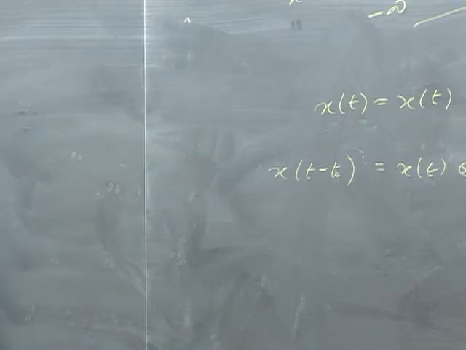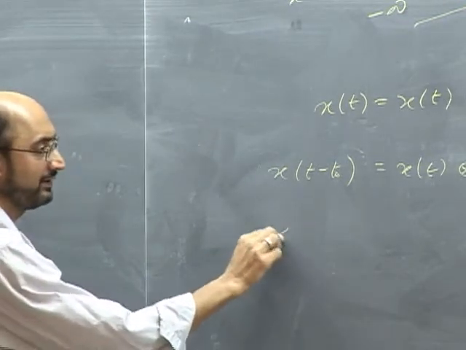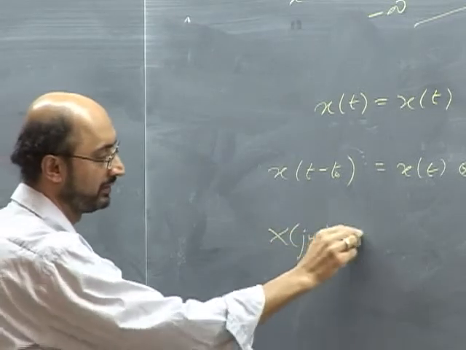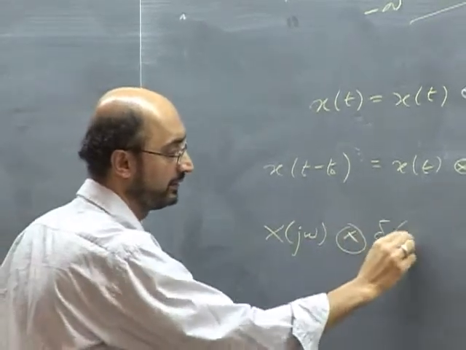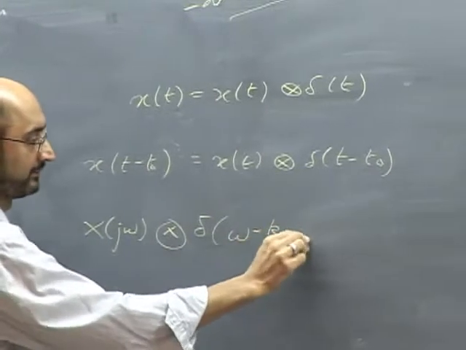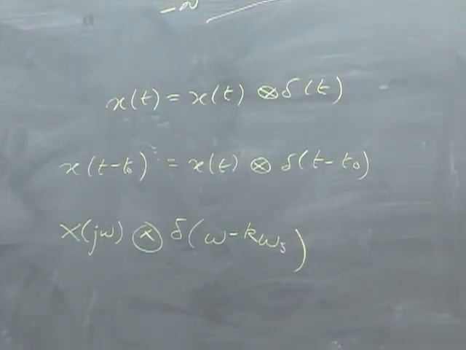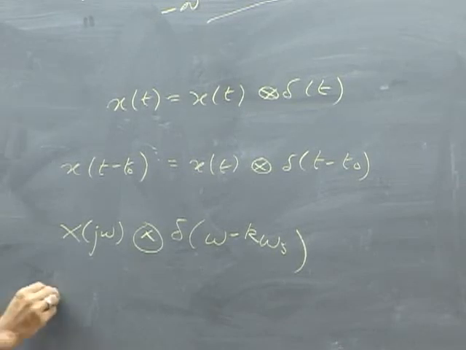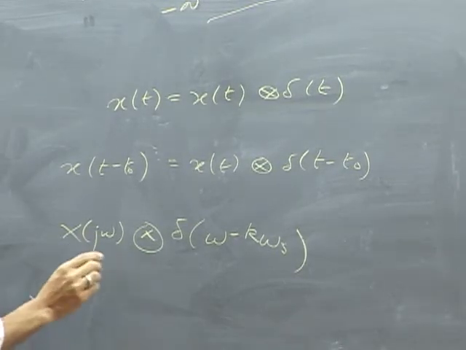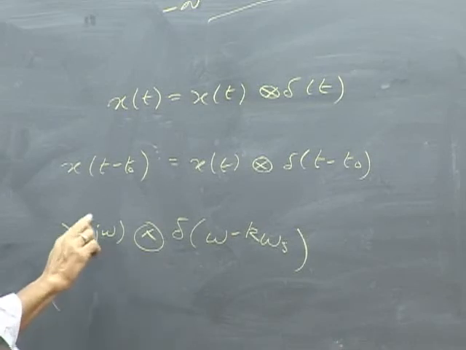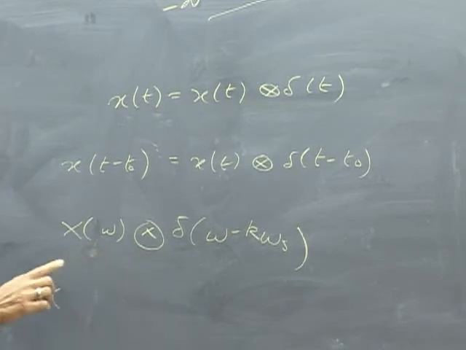The same thing is true in the frequency domain. If we take X(j omega) and convolve it with delta(omega minus k omega s), what we get is X of omega minus k omega s. I'll leave out the j for now because it's just a function.